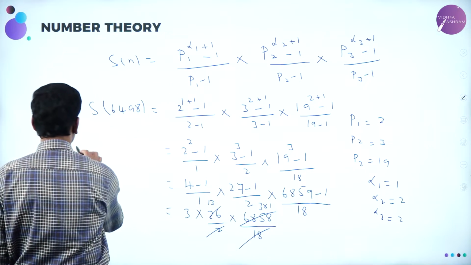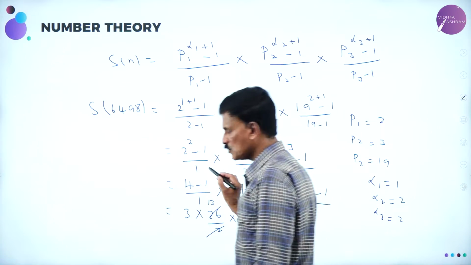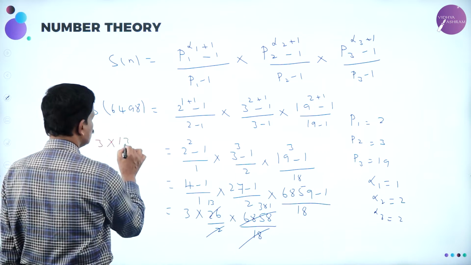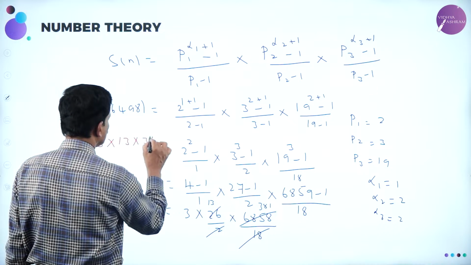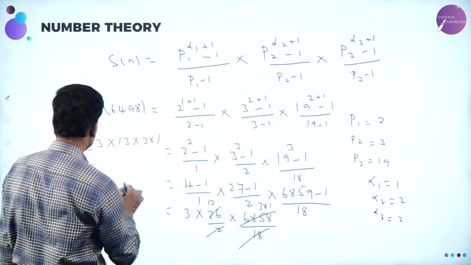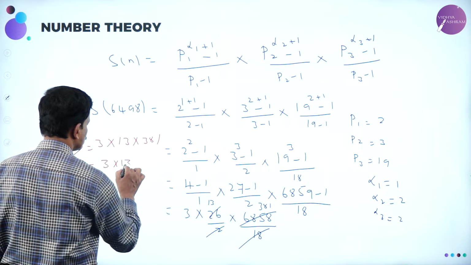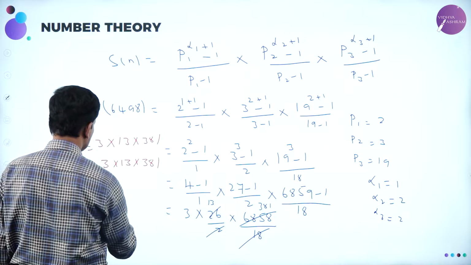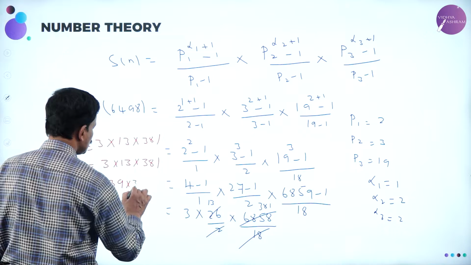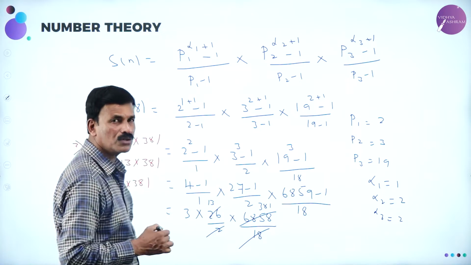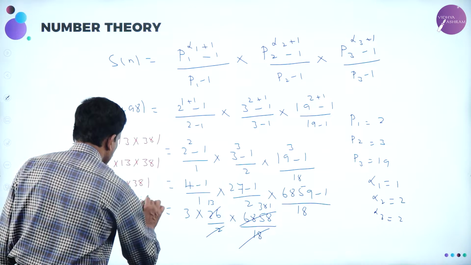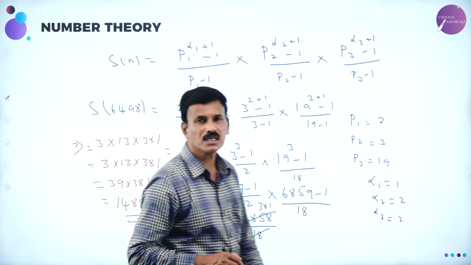So therefore the simplified answer for this can be written as 3 into 13 into 381. That is nothing but 13 3s are 39 into 381. If you multiply this, you are going to get the answer as 14859. Just simplify using a simple calculator.